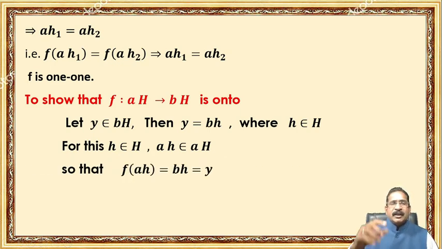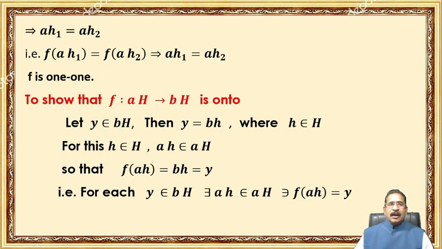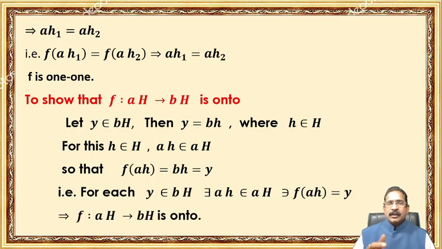By definition, f of ah is equal to bh. What is bh? bh is y. Therefore, for each y belonging to bH, there exists ah belonging to aH such that f of ah is equal to y. Then f is onto.